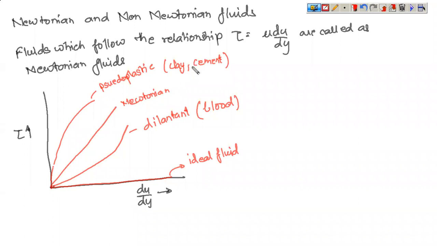There are machines, there are trucks which carry this RCC fluid and they make it flow at a specified location. So this is about Newtonian and non-Newtonian fluids. So Newtonian fluids are those fluids which follow the relationship tau is equal to mu du by dy. ये एक straight line relationship होगी. Other fluids are called as non-Newtonian fluids.